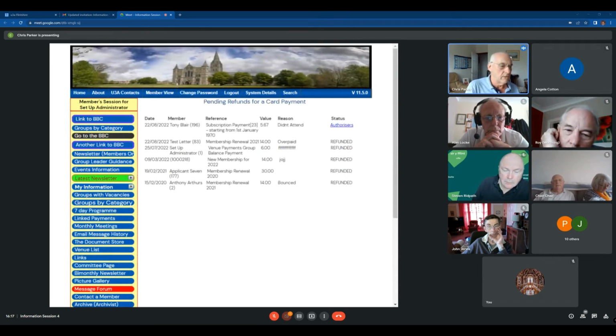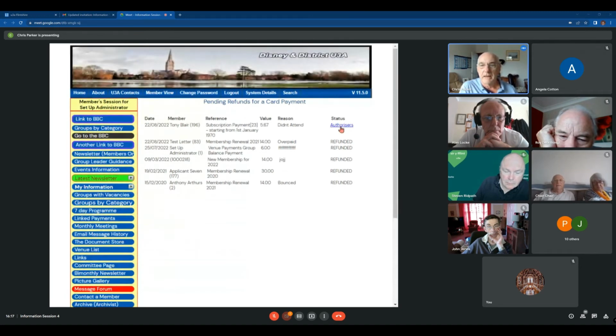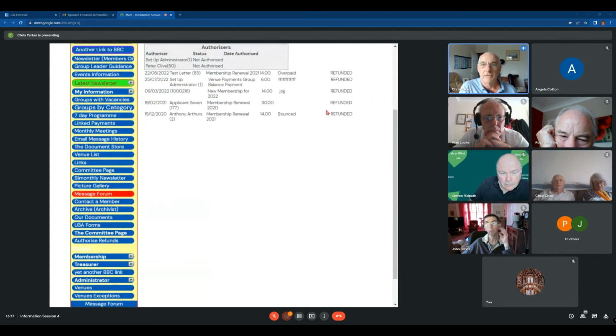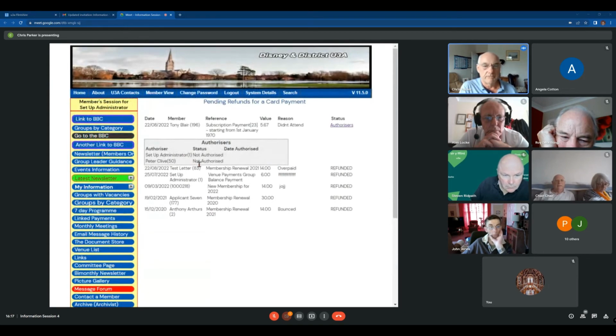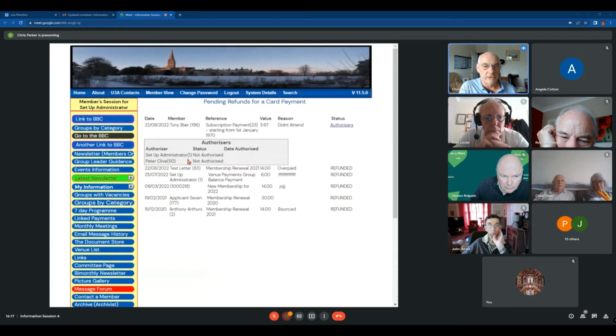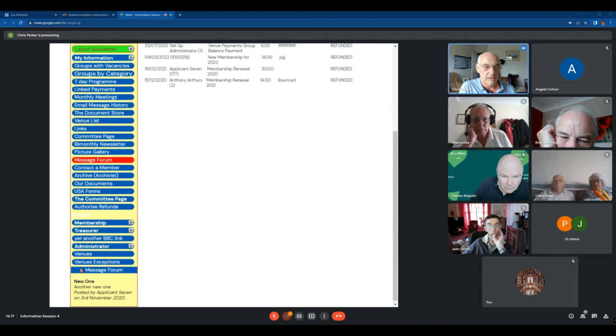That still won't do the refund. It sits in the system and waits. And now if you look at this, you can see it's waiting for 2 people to authorize it before it will let it go.